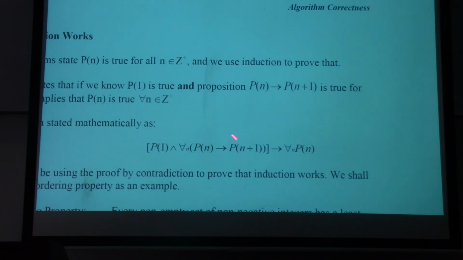So the assumption that this is not sufficient to prove for all n is false, therefore this is sufficient for all n. Does that make sense? And that's why induction is a valid proving technique. Because once you prove this part, and from steps 2 and 3 this part, that proves whatever you're trying to show. That's your proof.